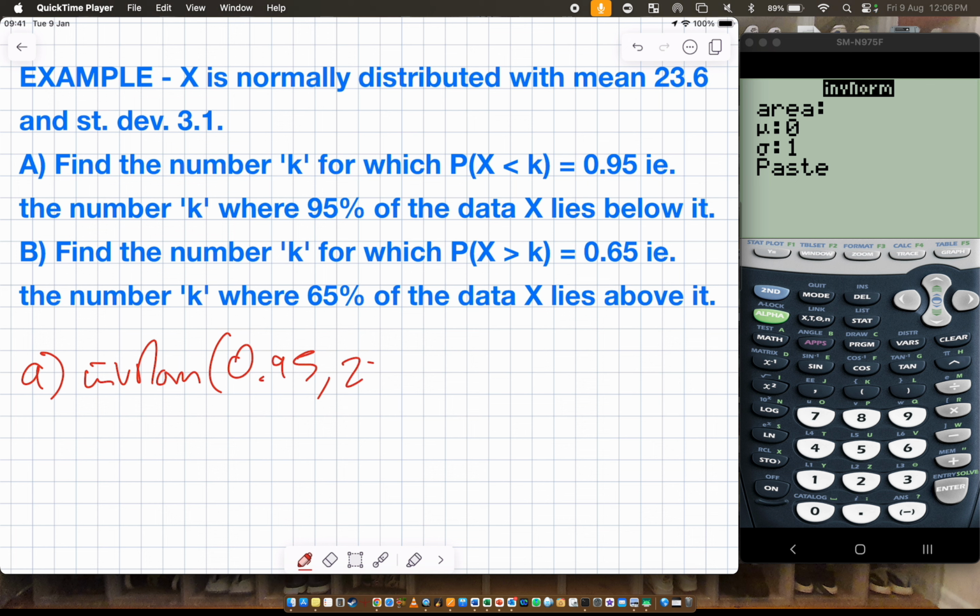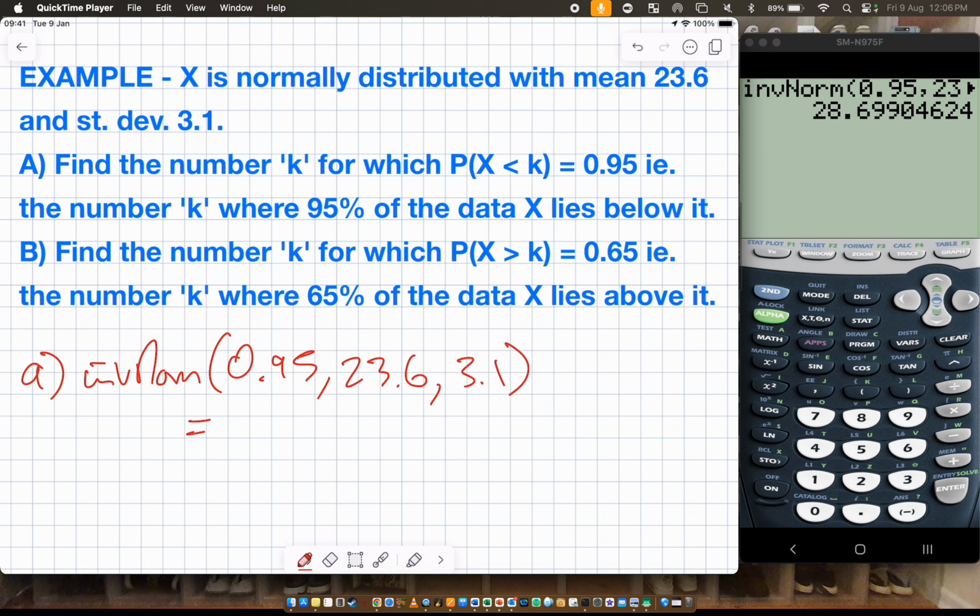The mean is 23.6. Standard deviation 3.1. That's my working out. So 0.95, 23.6, 3.1. So that tells me for this distribution, 95% of the data lies below 28.70 rounded to 2 decimal points.